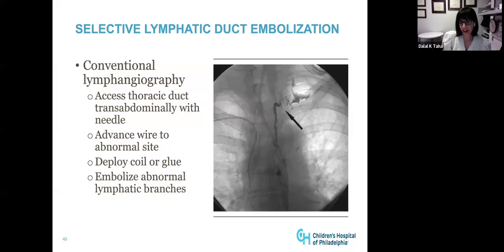They don't have enough collaterals and their development is not complete for their lymph system in order to make up the lack of a thoracic duct. And so patients without a thoracic duct can become very swollen and have ascites, chylothoraces, and no real way to treat them once you've embolized or ligated them.